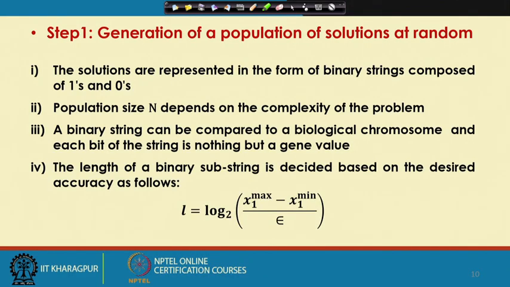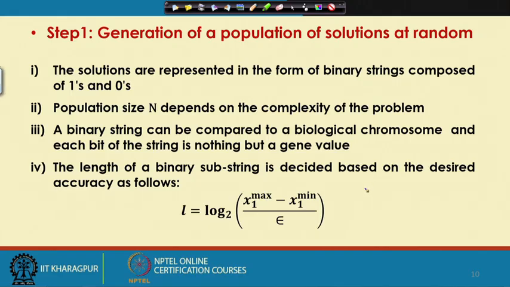Now, how to decide how many bits we are going to assign to the real variables like x1 and x2 to solve this particular problem? Let me take one very simple example.